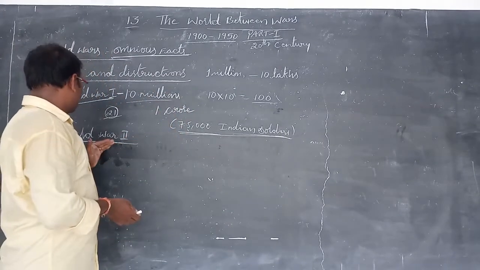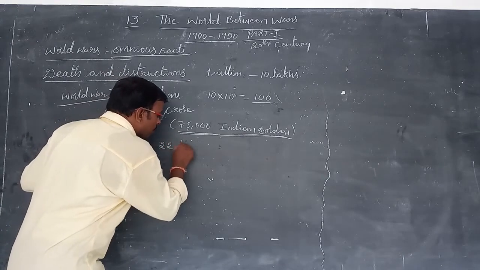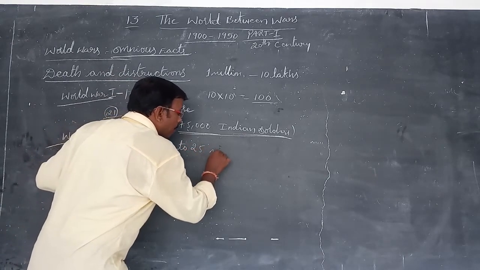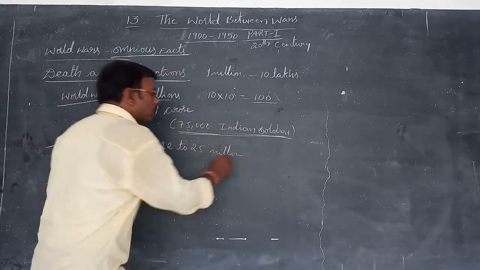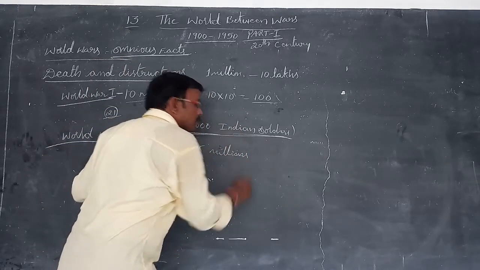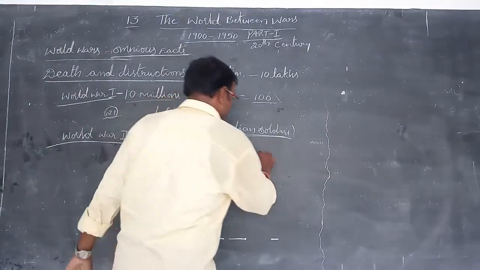So in World War Two, if you see, 22 to 25 million battle soldiers, army, died.